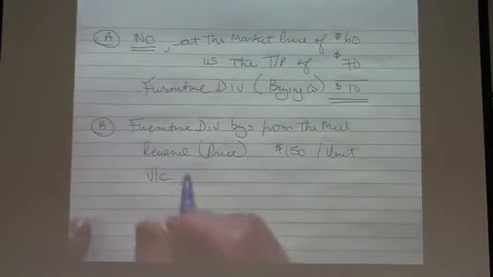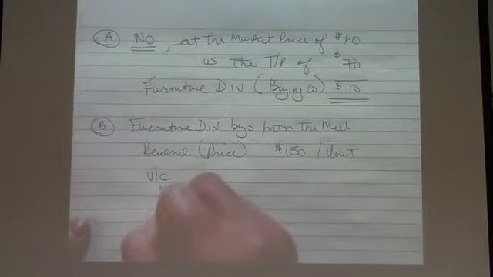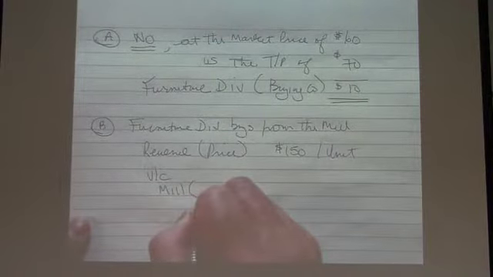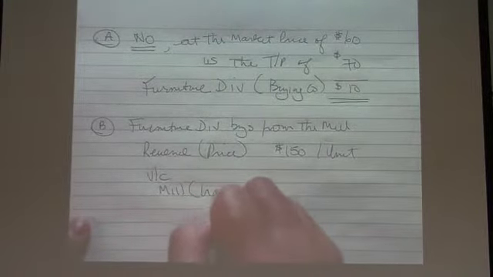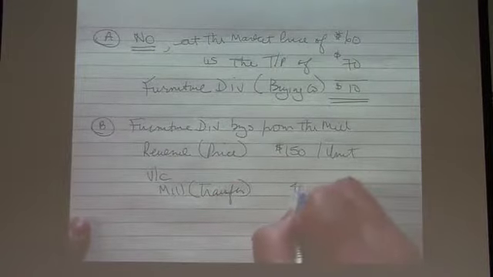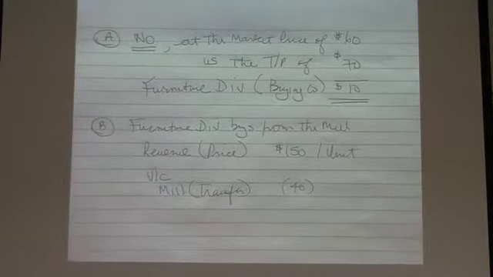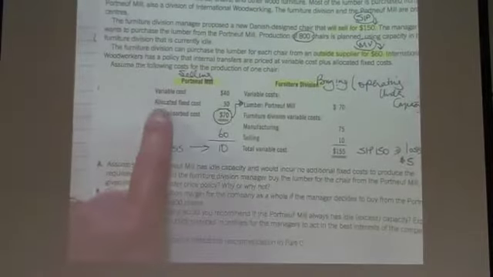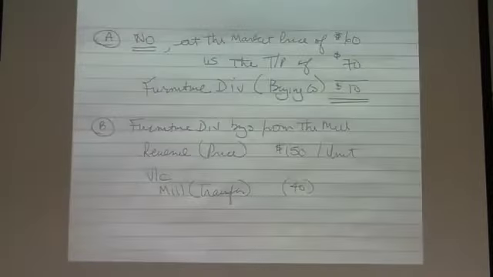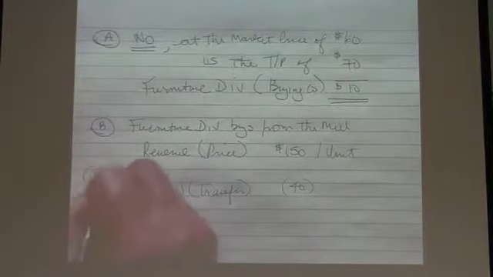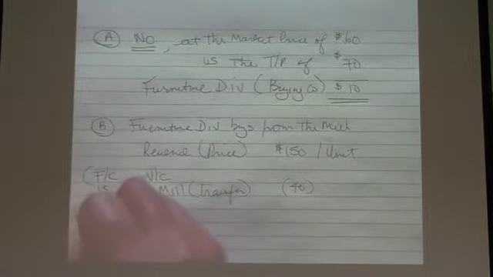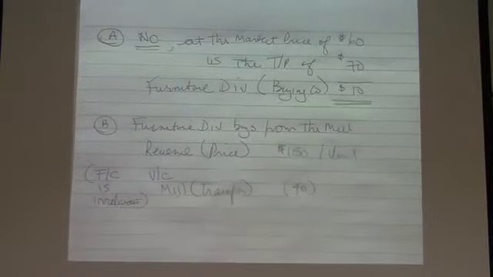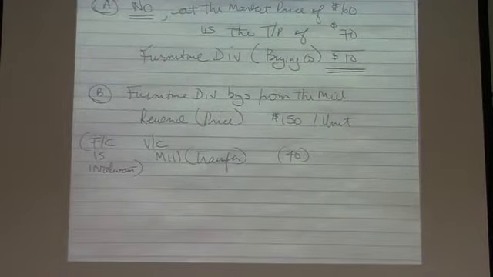Variable costs, well, we've got the variable cost from the mill, which is the transfer at 40. Now, why is it only 40? Well, because really fixed cost is irrelevant, isn't it? That's the variable cost. So remember, fixed cost is irrelevant because it's not going to change whether we transfer within or we don't sell that particular unit or the more materials.